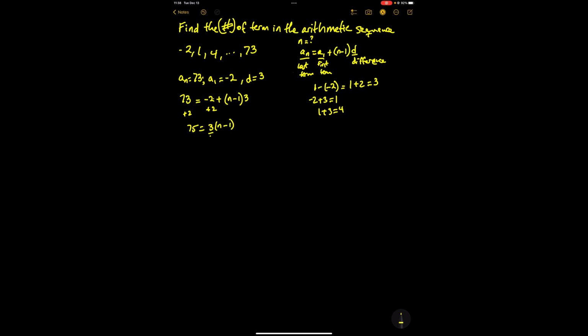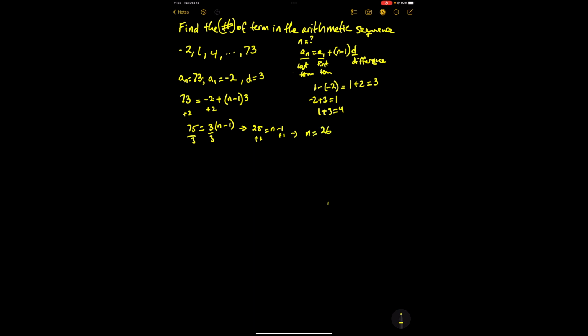I'm going to divide by 3 on both sides. What is 75 divided by 3? It's 25. So 25 is equal to n minus 1. I'm going to add 1 on both sides, and so I get n equals 26.